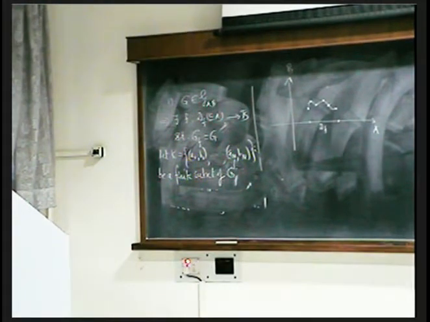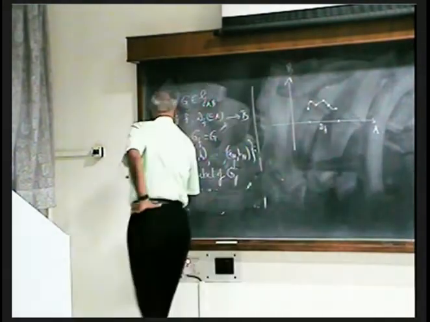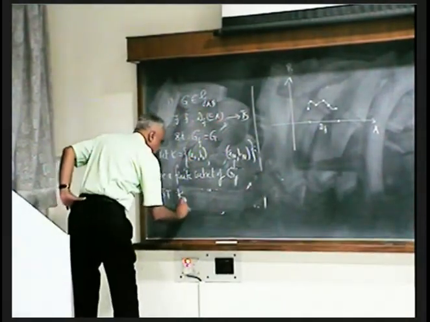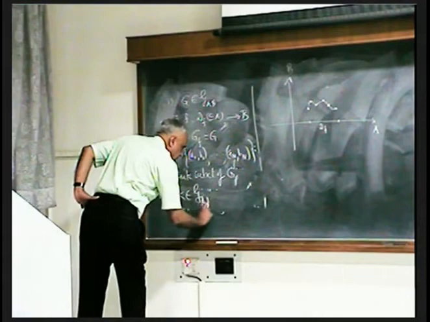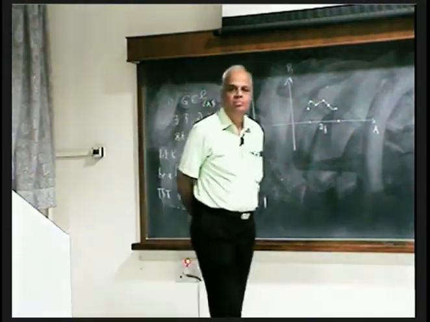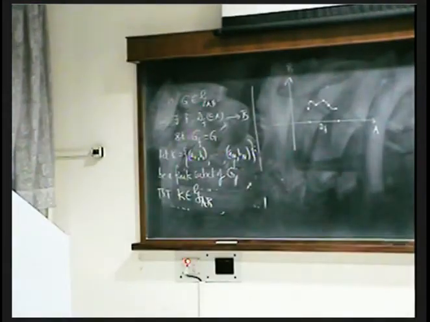So we want to show that K is in GAB. In order to show that K is in GAB, I have to show that K is a graph.